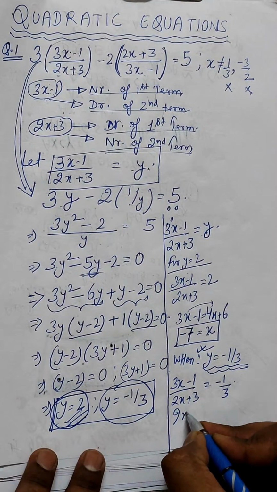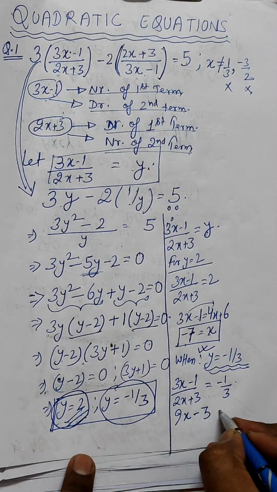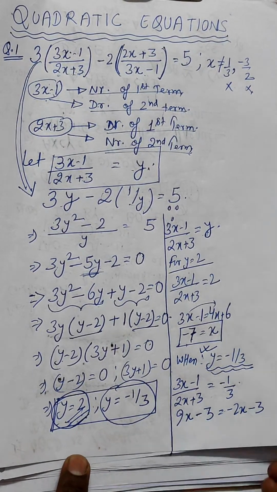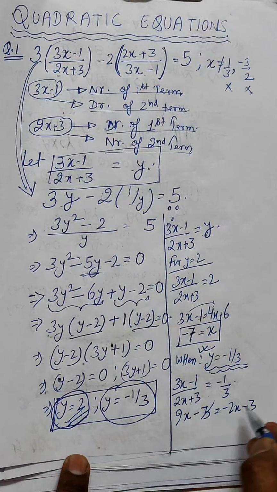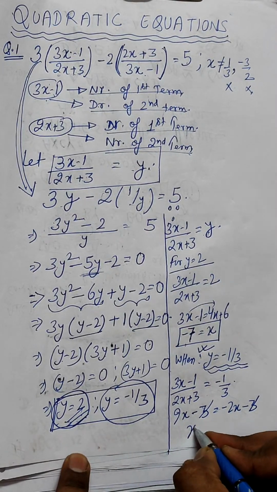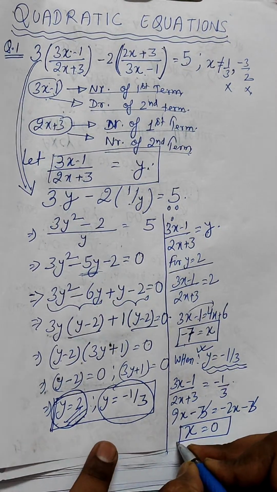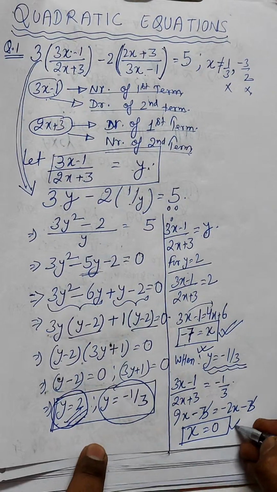This will give you 9x minus 3 is equal to minus 2x minus 3, and here you can see minus 3 and minus 3 will be cancelled out. So this will give you the value of x as equal to 0, right? So the value of x is calculated, that is minus 7 or 0.